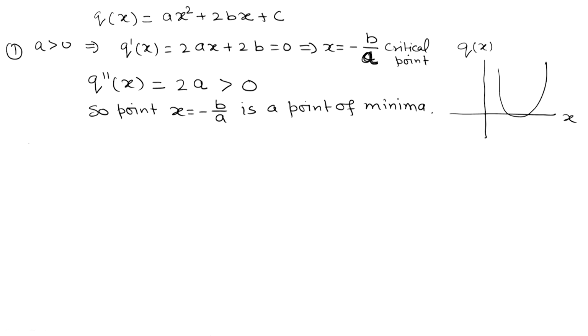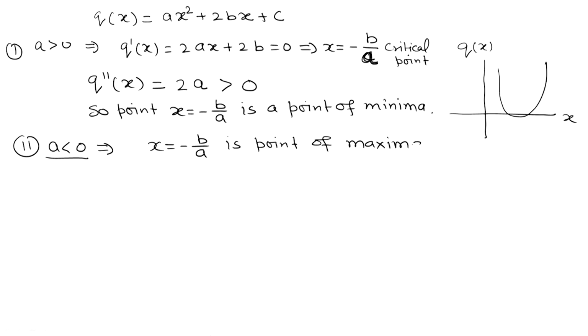Similarly, if I take a less than 0, in this case the point x equals minus b by a comes out to be a point of maxima. So, generally these are the necessary and sufficient conditions we can use for looking at the maxima and minima of a scalar quadratic form.